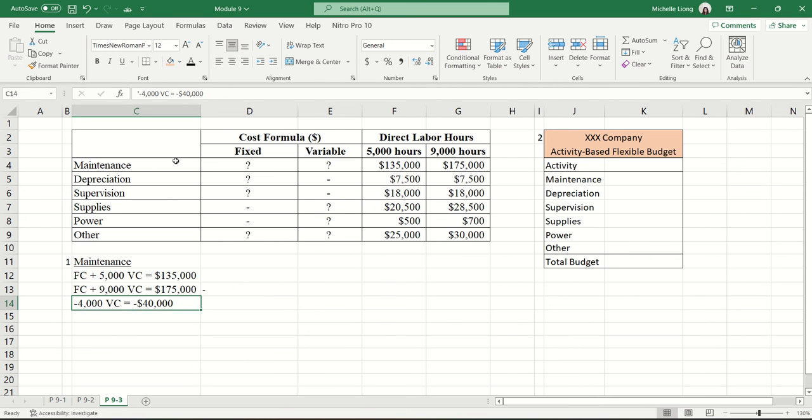And we got this. Then we just need to find the VC: if you divide 40,000 by 4,000, we get $10. So the variable cost is $10.